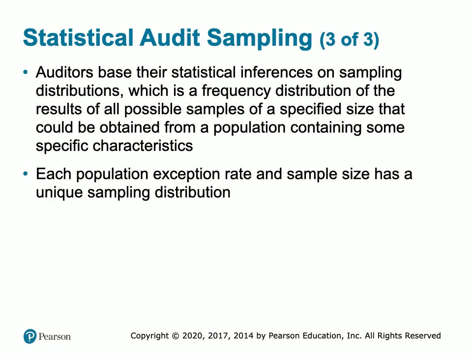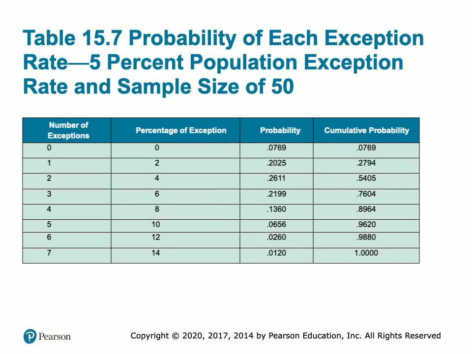The exception rate and sample size is completely unique, and this is a calculation of the different numbers of exceptions. And from a controls perspective, you don't necessarily want to assume that everything's perfect. So you don't want to say that we're going to have 0 exceptions because the minute you have one exception, your test blows up.